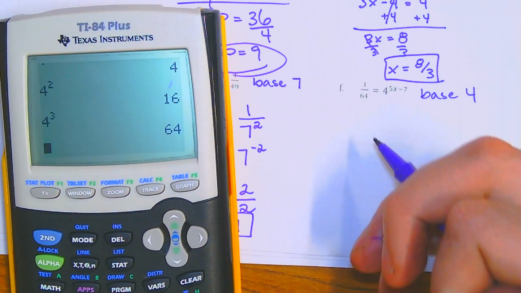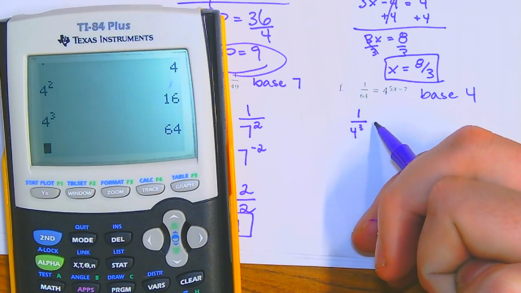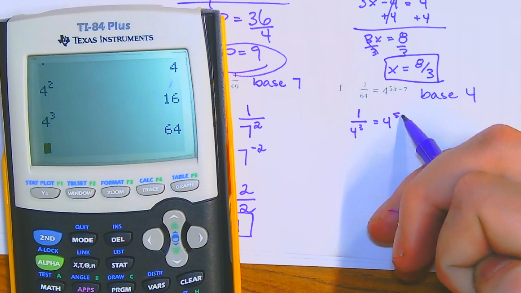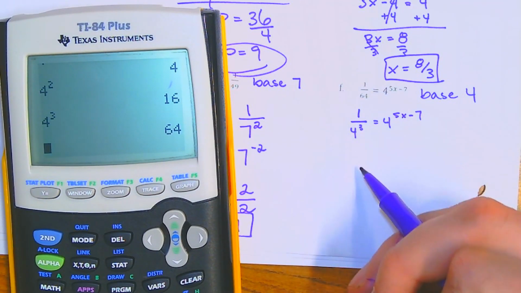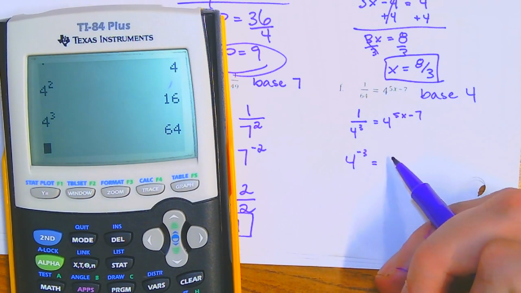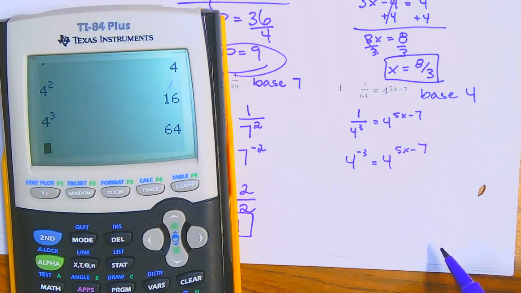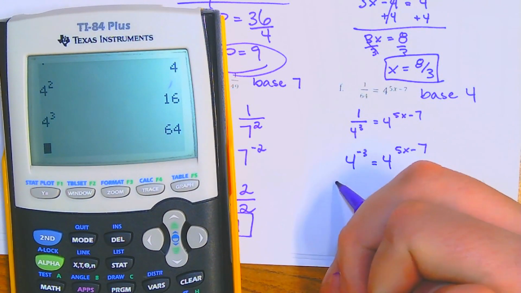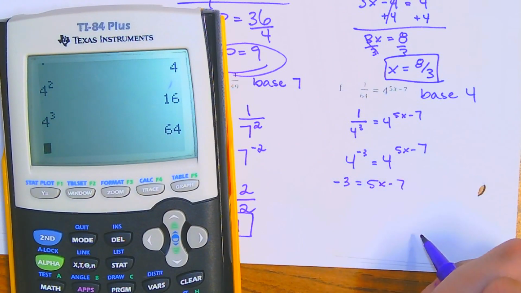That's the one I want. Rewrite it as 1 over 4 to the 3 equals 4 to the 5x minus 7. Remember, I can rewrite this as 4 to the negative 3 equals 4 to the 5x minus 7. Okay. From there, you will have to rewrite it again as negative 3 equals 5x minus 7 and solve.